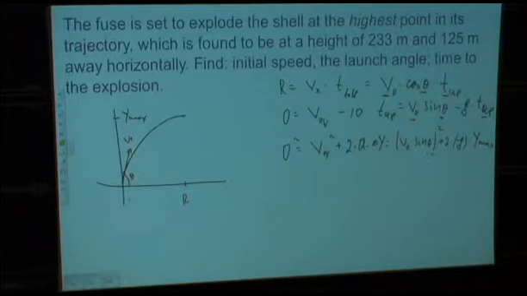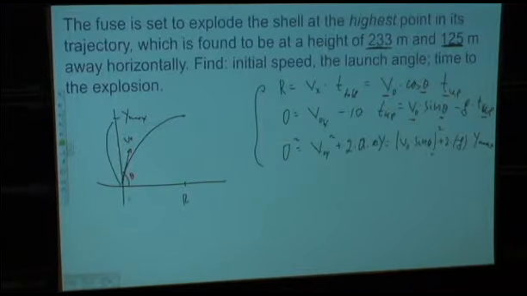That's the displacement from here to here. It equals the maximum height reached. Now let's see what we know. We know the range. We know this. And is it sufficient? I don't know, actually.